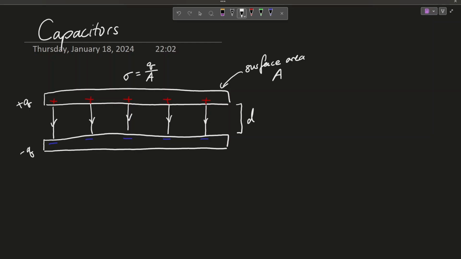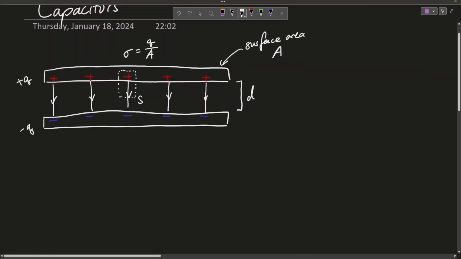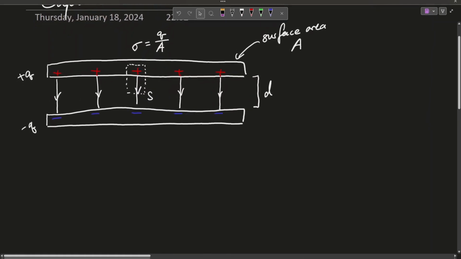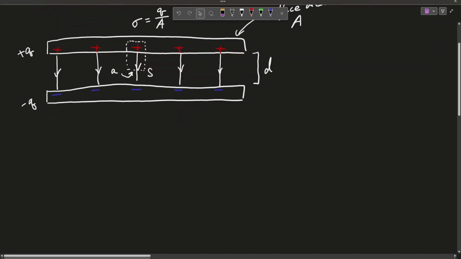We just set up Gauss's law with a cylindrical surface. You can use any type of prism-like shape, but I prefer to use a cylinder. We'll call that S, and we'll denote the area of each of the top and bottom caps by little a, which is just the area of the circle on top or bottom.